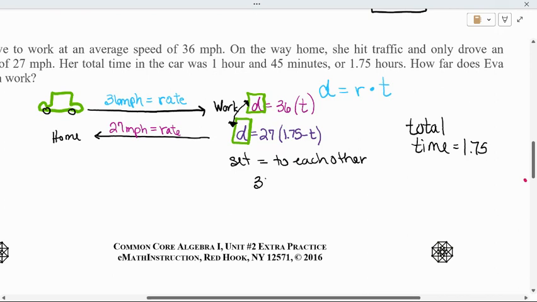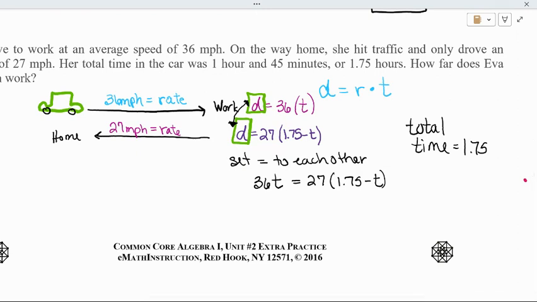Meaning that 36 times t equals 27 times 1.75 minus t. Because if d equals 36t and d equals 27 times 1.75 minus t, then those two things have to equal each other because d equals d, right?